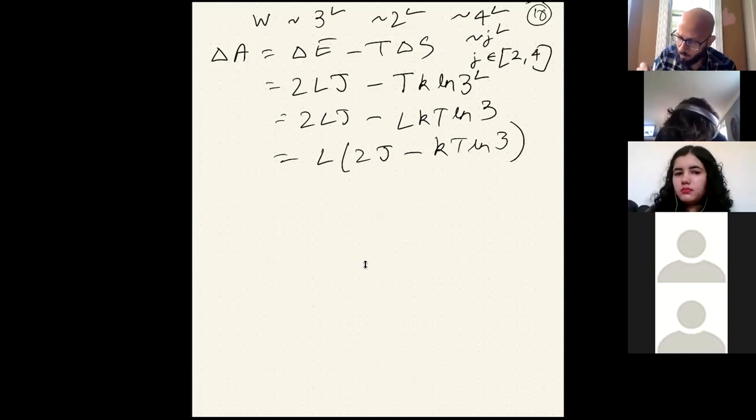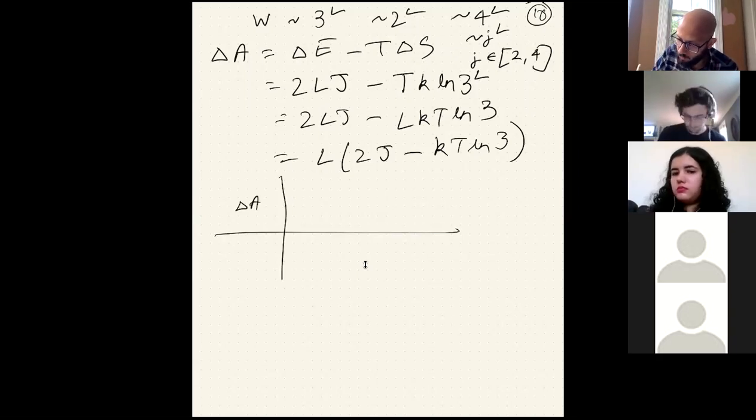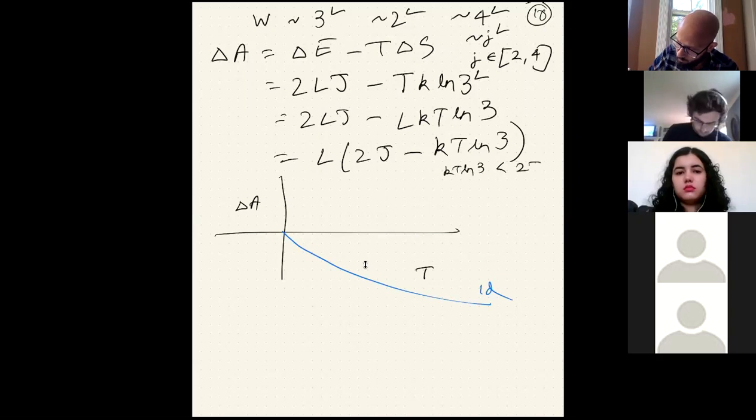What does this tell us? Now, if you plot this delta A versus temperature, it's not going to look the same as what we had for 1D. In 1D, it looked something like this. It was always negative. Here, on the other hand, it's going to be positive if KT ln 3 is less than 2J, or T is less than 2J by K ln 3.